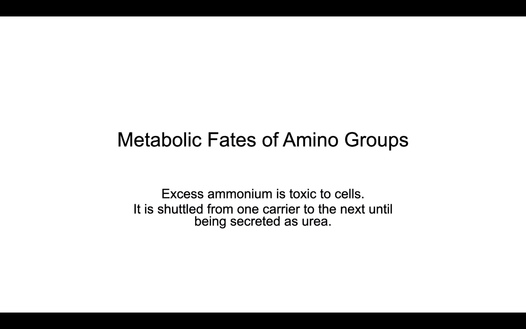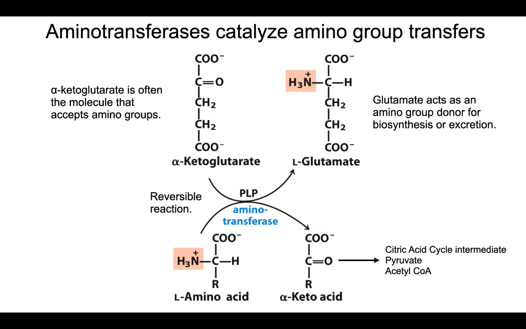First, let's look at the metabolic fates of amino groups. This reaction right here is the central reaction for ridding the cell of amino groups. We transfer those amino groups from amino acids, here we have some general amino acid, to alpha-ketoglutarate.